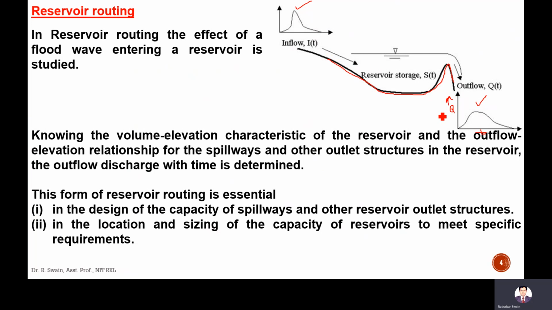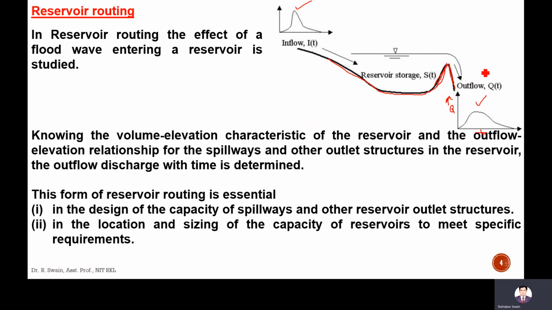In this reservoir case, a structure, the dam, is constructed, and it is disturbing the natural flow, and through the spillway the water is flowing.